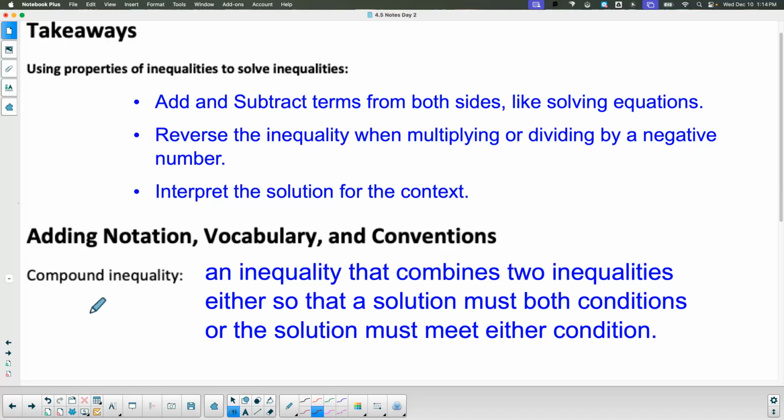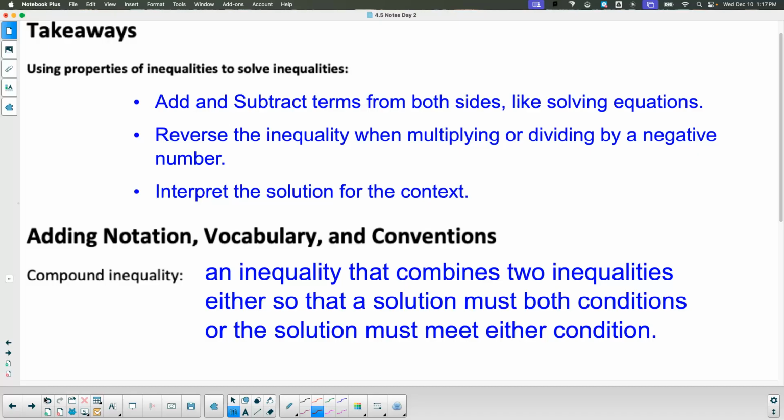So one of your homework questions this evening is going to be, what's the difference between solving an inequality and an equation? Okay? And we add and subtract terms from both sides, just like solving an equation in an inequality.